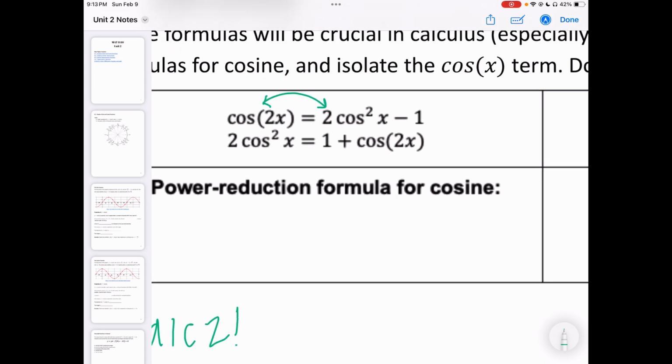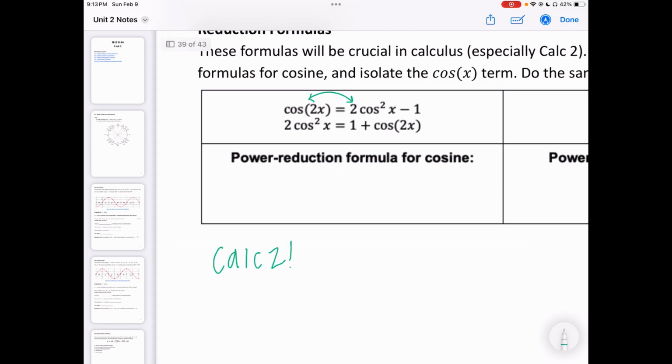We pretty much added the one to the other side, and that was really it. And then in order to completely get the cosine x squared on its own, we divided by 2. So cosine squared x equals 1 plus cosine of 2x, all divided by 2. Again, not something that I'm going to expect you to know or use. It just will come up when we do Cal 2.